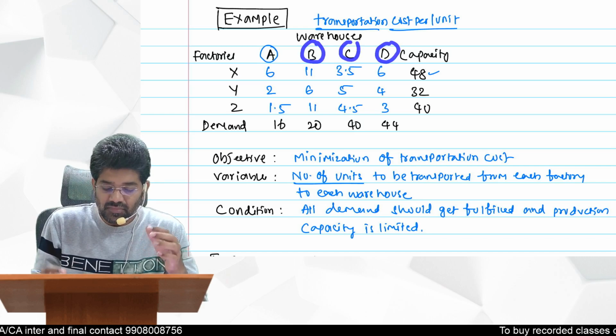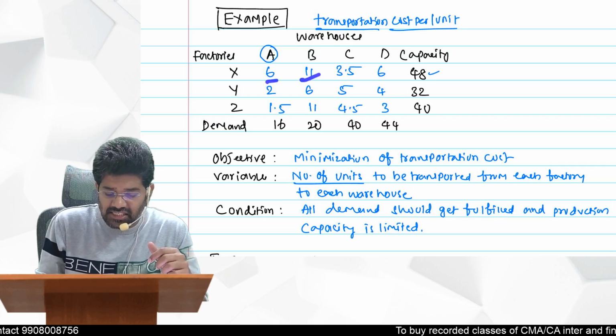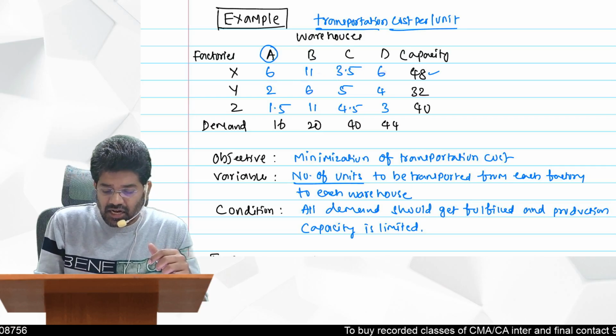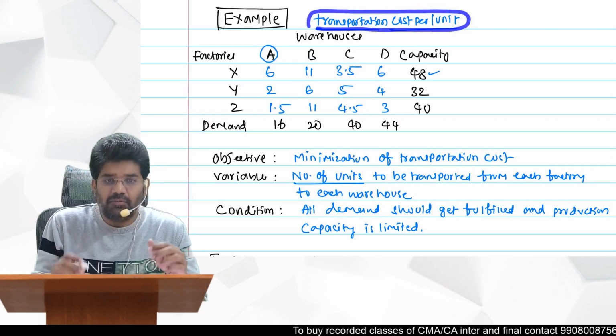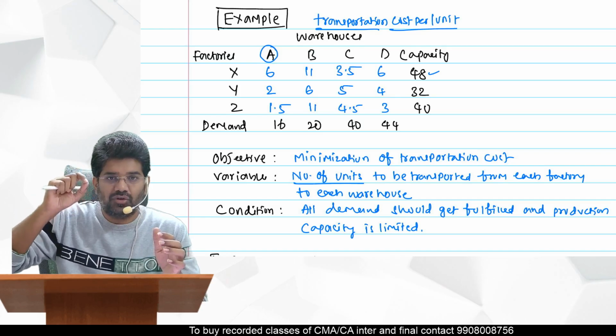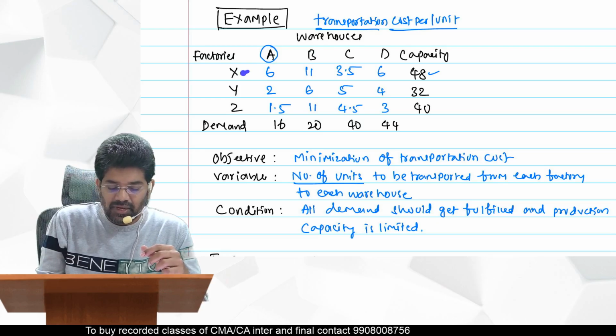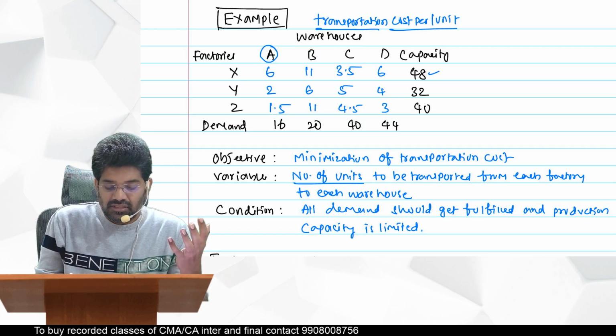Apart from this, what else is given in this matrix is that inside these cells is the transportation cost per unit applicable from the respective source to the destination.